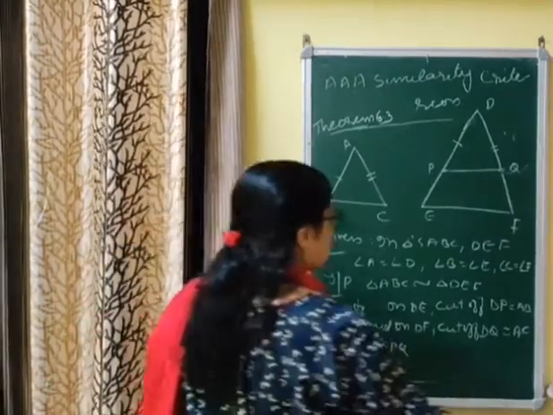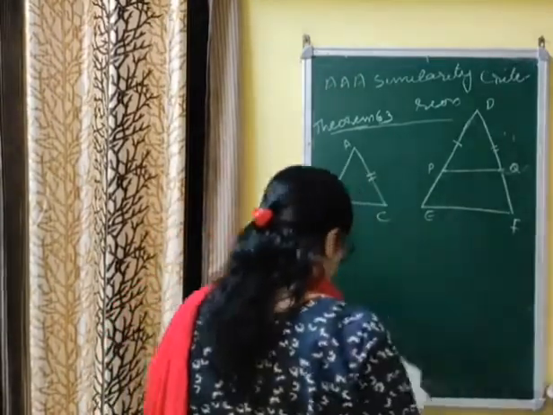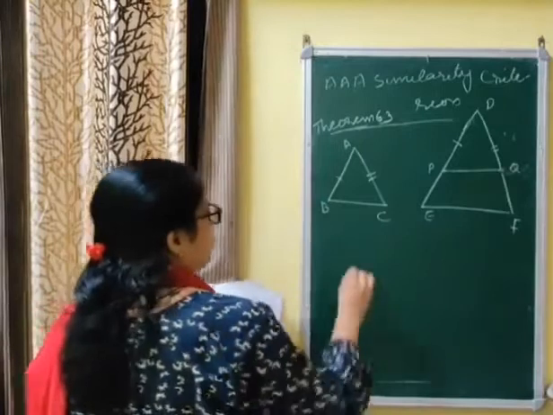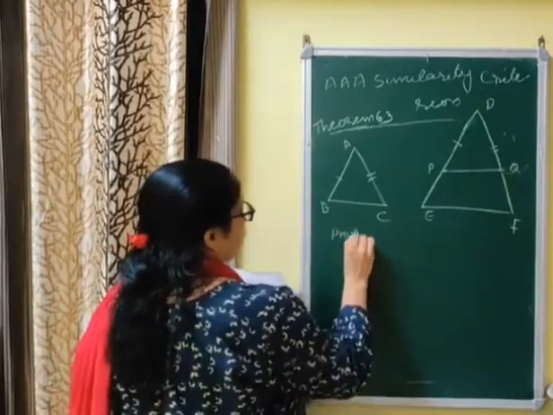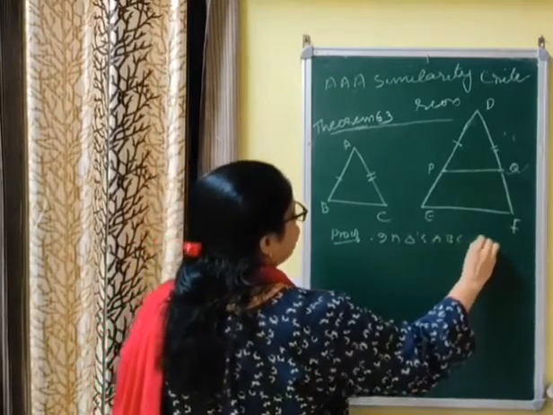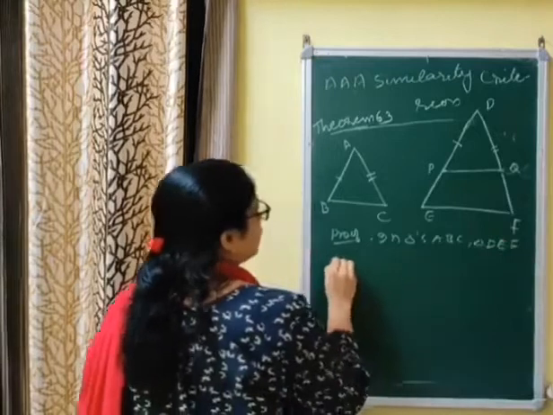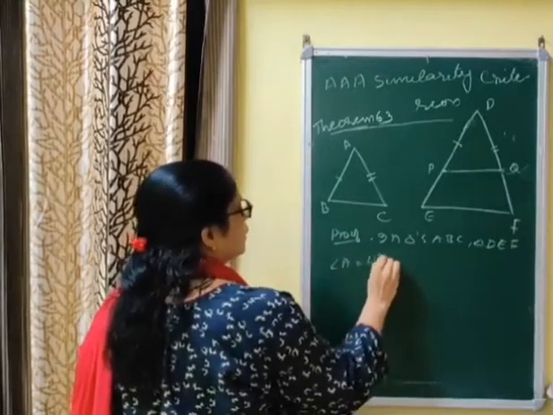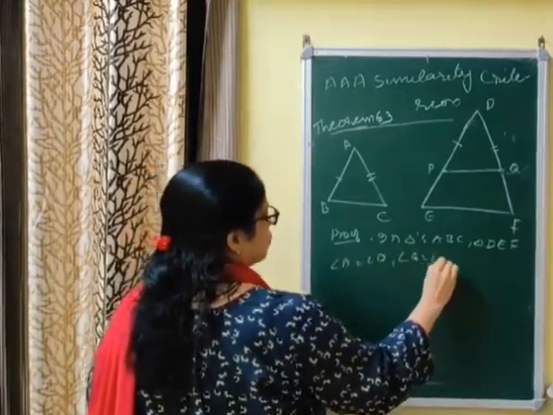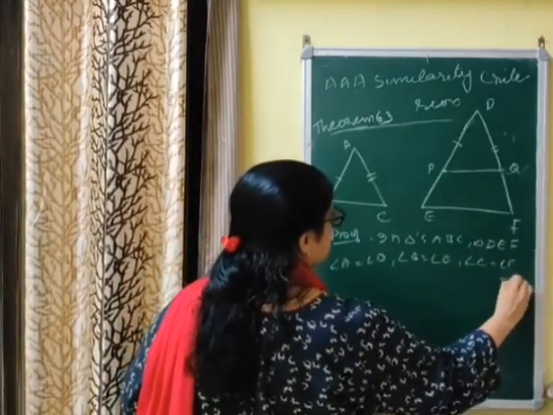This one is your given and to prove. Due to the lack of space, I have to rub it. Meanwhile, now the proof. In triangles ABC, DEF, you are given that angle A is equal to angle D, angle B is equal to angle E, angle C is equal to angle F. That is equation number 1.